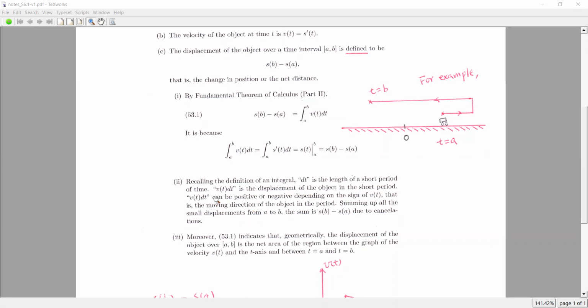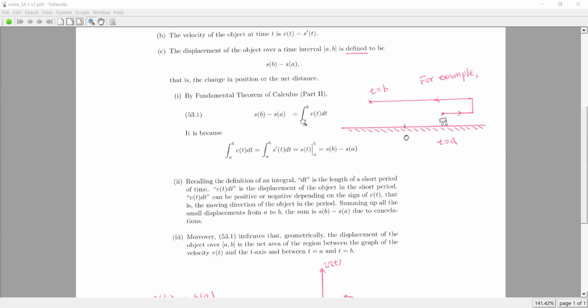The displacement can be positive, can be negative, depending on the sign of the velocity. That is, depending on the moving direction of the object in that short time period.